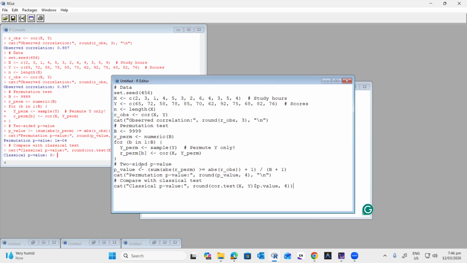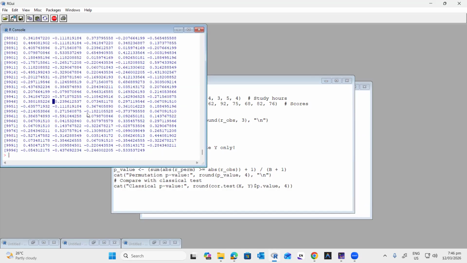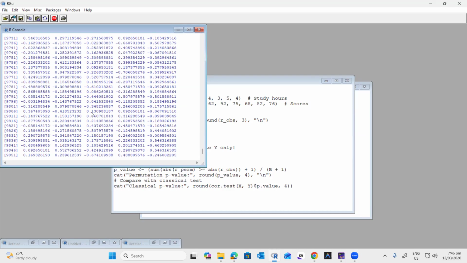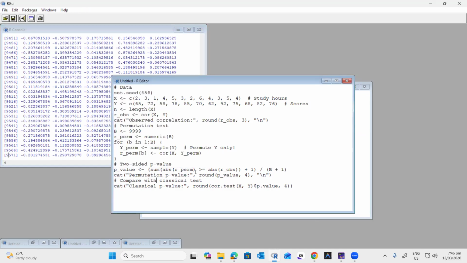Then we check our bootstrap correlation. Sometimes we get negative values, sometimes positive, because we are reshuffling Y again and again. You need to increase that, and after that we check. We cannot take the mean of that; that would not be the right way to check it.